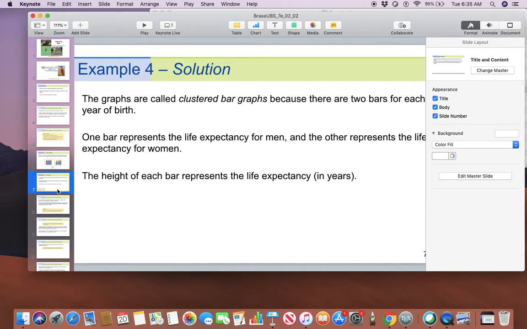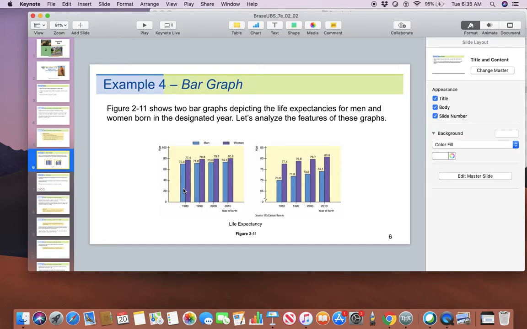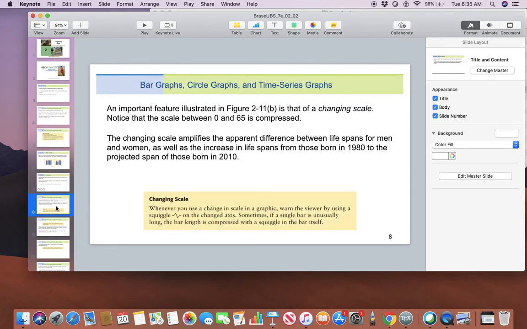The graphs are called clustered bar graphs because there are two bars for each year of birth. So notice there are two bars: one bar represents life expectancy for men, the other represents life expectancy for women. The height of each bar represents the life expectancy in years.